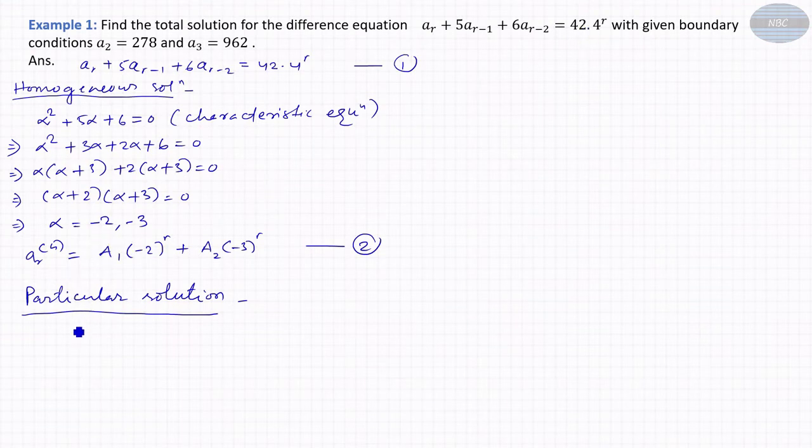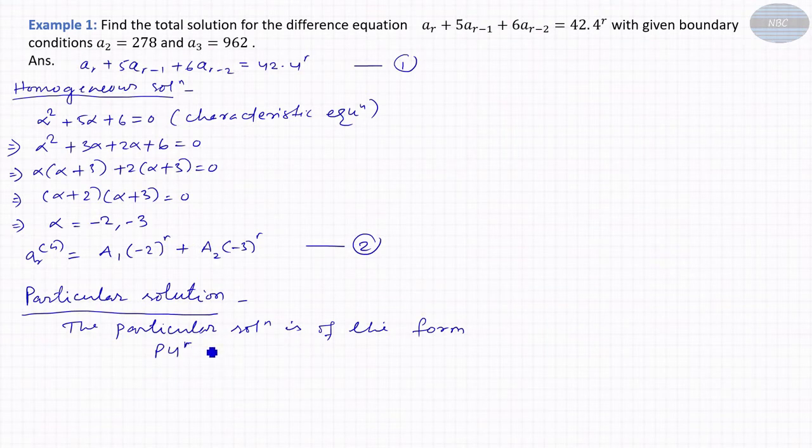So the particular solution is of the form P for this 42, this is constant, that is P 4 to the power r.